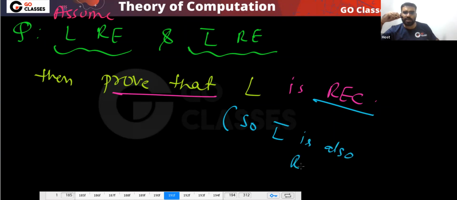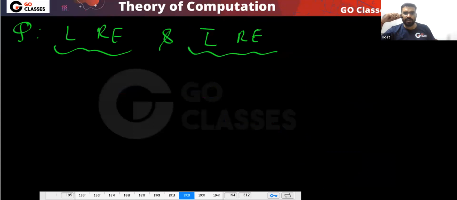If L is recursive, then L complement automatically will be recursive, yes or no? So we need to prove that if L is RE and its complement is also RE, then L is actually recursive.